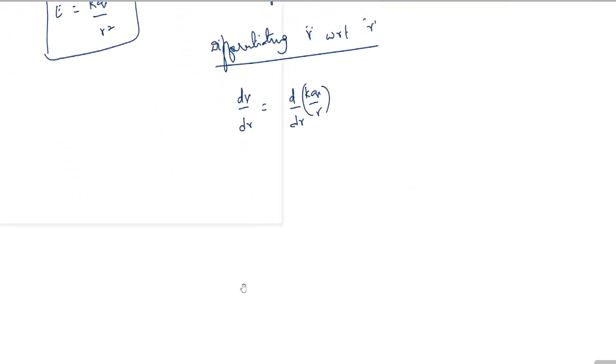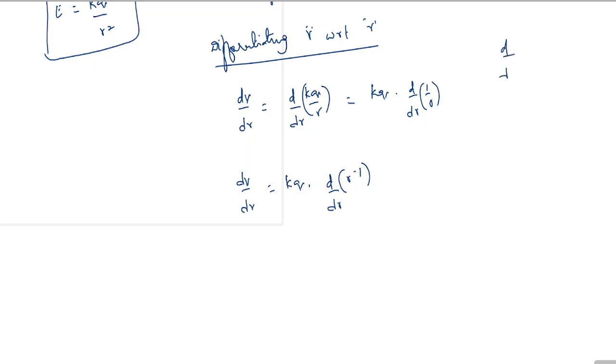Now for a given condition K and Q are constant, so they come out. What remains is d by dr of 1 by r, that is dV by dr is equal to KQ d by dr of r power minus 1.